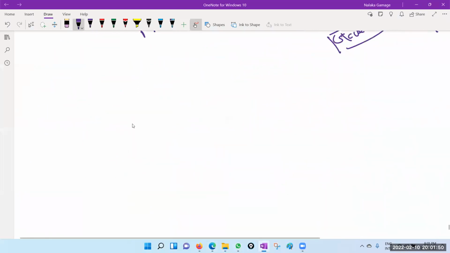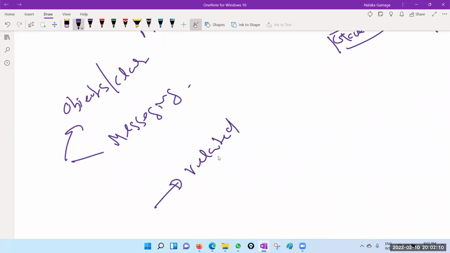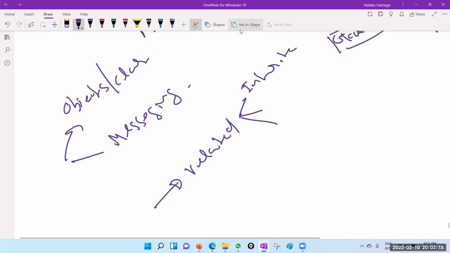Right. So when it comes to this, first you have to identify your objects, or in other words, the classes, and how these objects are messaging or communicating. Okay. And also how these objects are related, right? So the relationships can be either inheritance. For example, your savings account is inherited from your account.